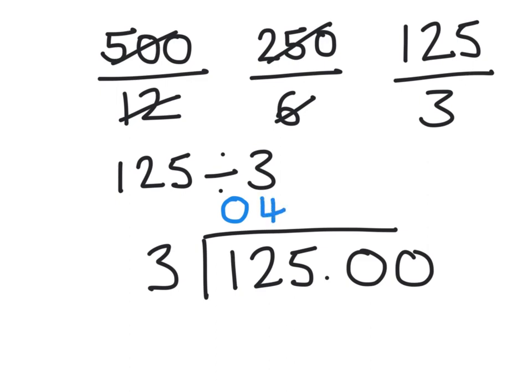There are no remainders there. 3 into 5 goes 1 time with a remainder of 2. Don't forget to carry up your decimal point at that stage. 3 into 20 goes 6 times. 3 6s are 18, which gives us a remainder of 2 again. 3 into 20 goes 6 times, a further remainder of 2, which tells you that this is going to be a recurring number, 41.66 recurring.